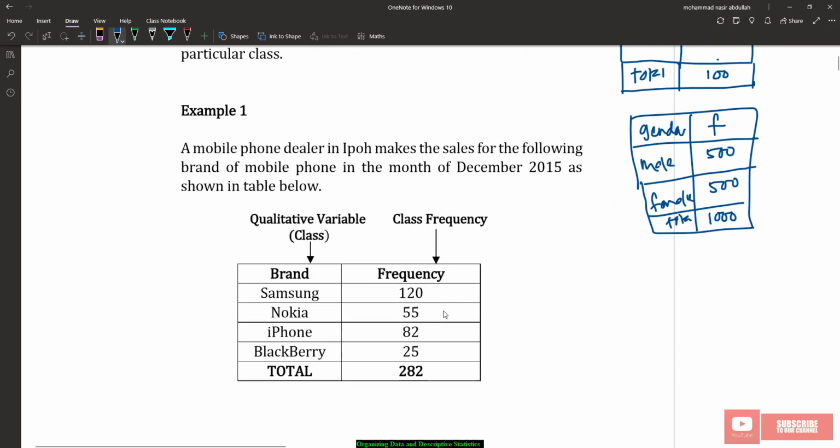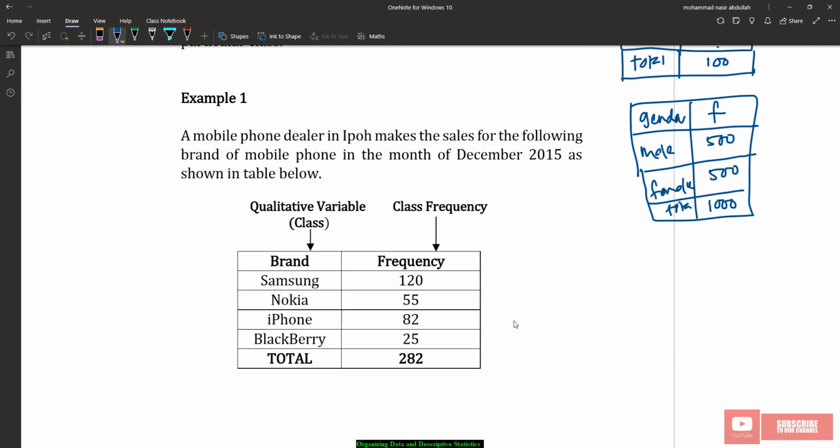Now let's look at example number 1. I just want to show you the same thing that I already explained, which is a frequency table. A mobile phone dealer in Ipoh makes a sale for the following brands of mobile phone for the month December 2015. So we have 2 columns and several rows.